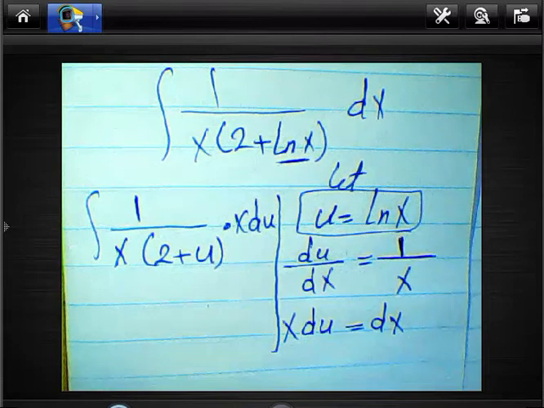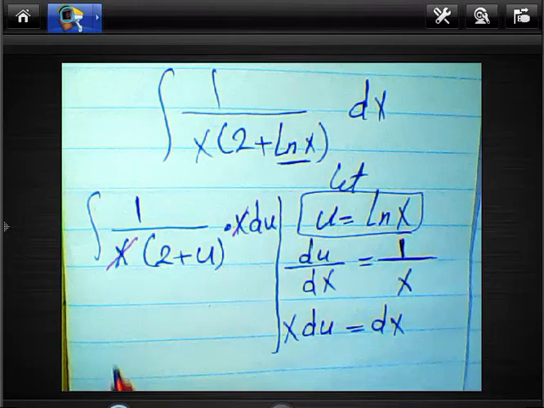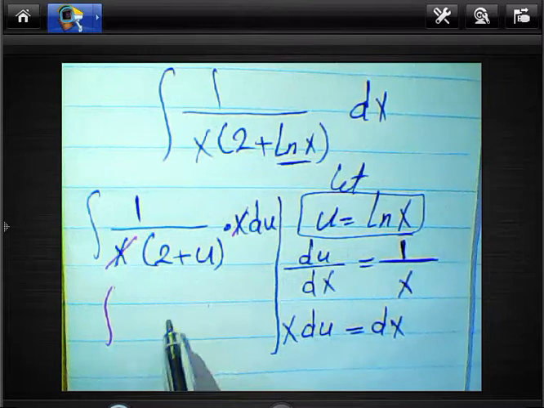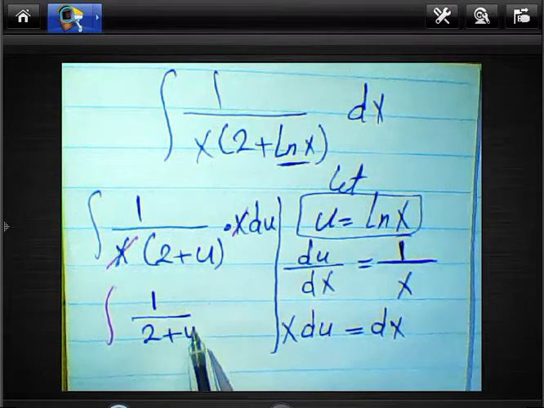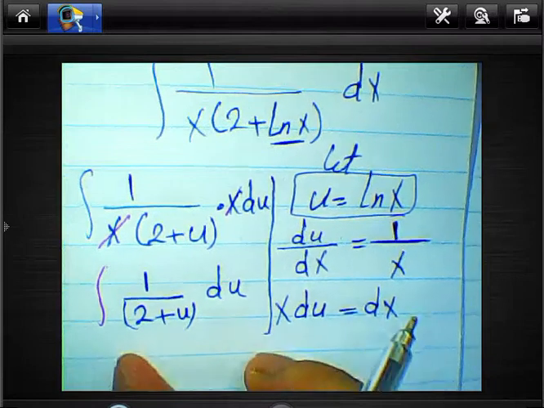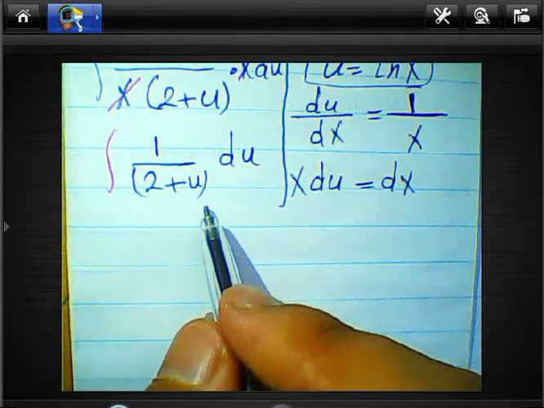We can cancel x with x here, then the result will be the integral of 1 over 2 plus u du. We know 1 over 2 plus u.